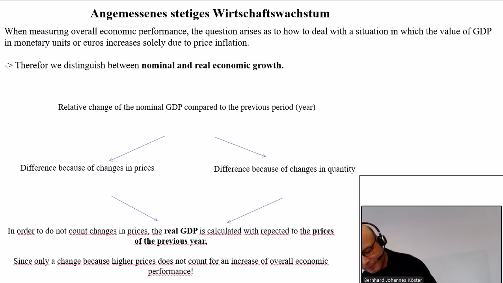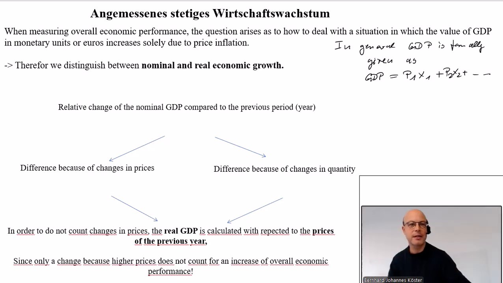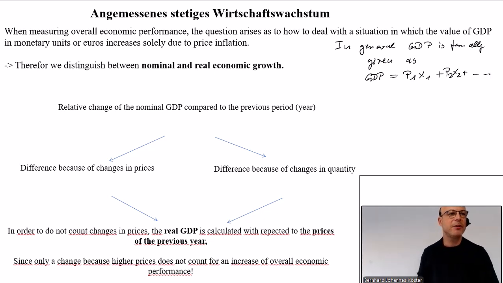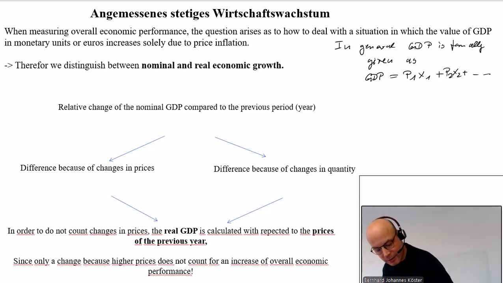So in general, GDP is formally given as P1 x1 plus P2 x2, and summing up all products, or summing every production valued with its price level in every sector.